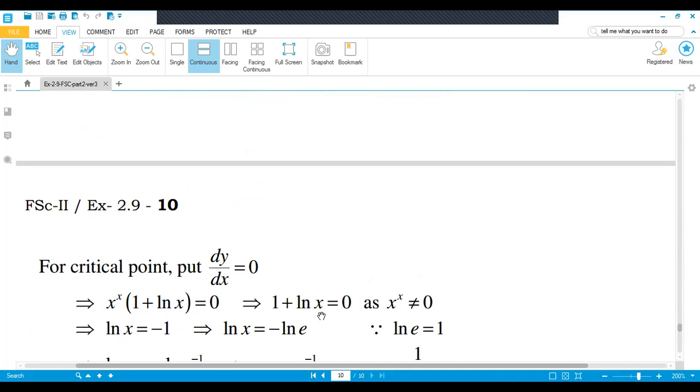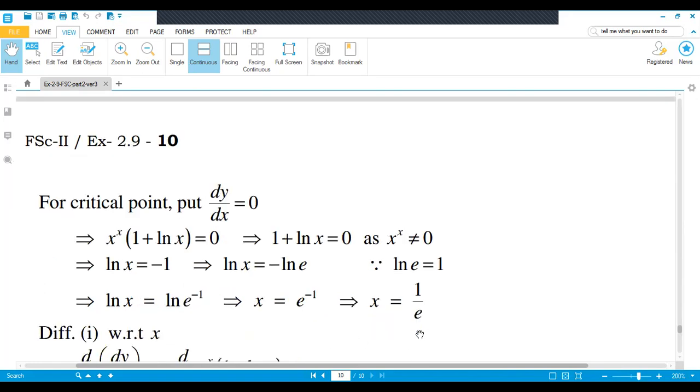So we get 1 plus natural log of x equal to 0. This 1 is positive here, shifted to the other side, it will be negative. You know that 1 you can replace with natural log of e.